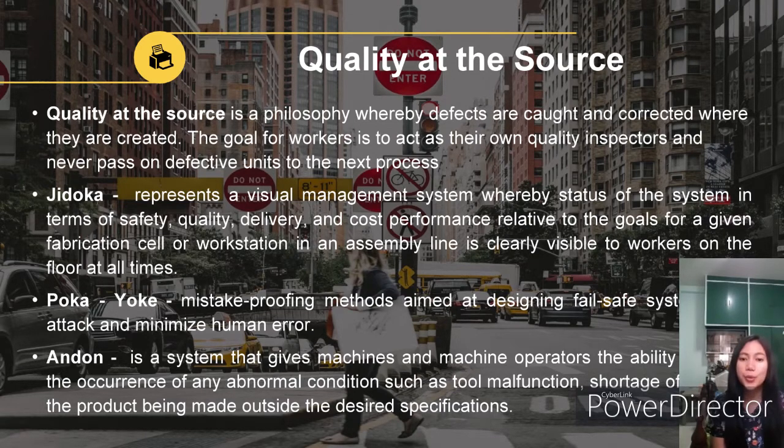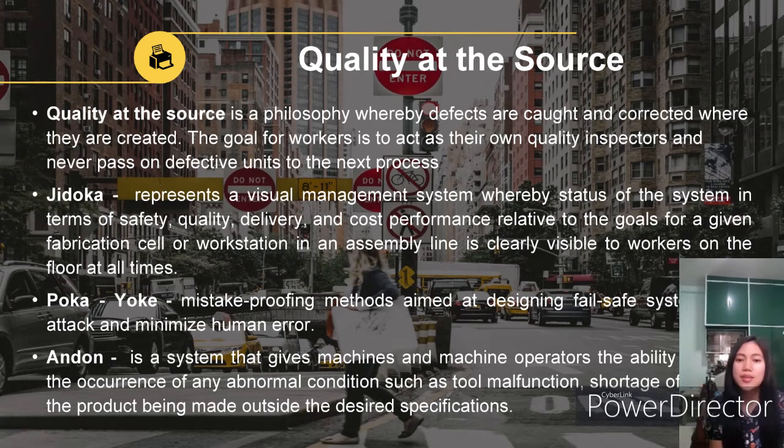It is also known as automation, a simple way of protecting your company from delivering products of low quality or defects to your customers. Poka-yoke: mistake-proofing methods aimed at designing fail-safe systems that attack and minimize human errors. For example, designing parts to be assembled in only one way, the correct way.